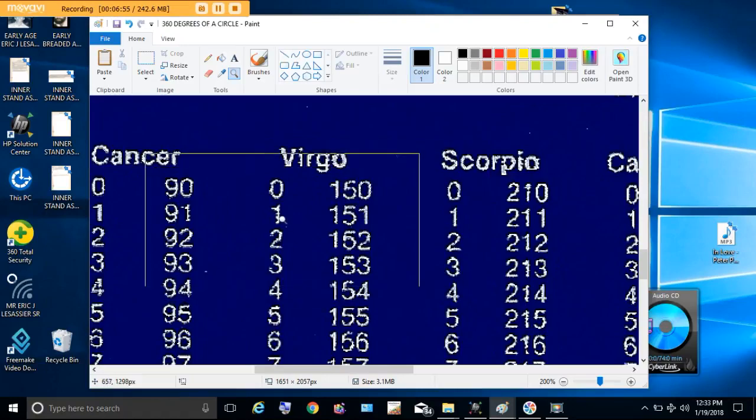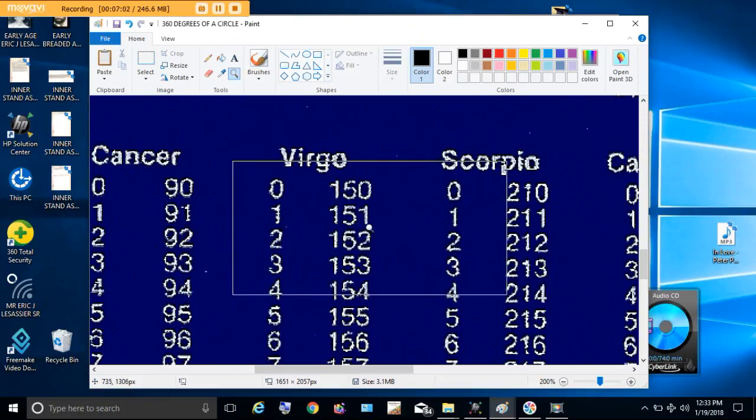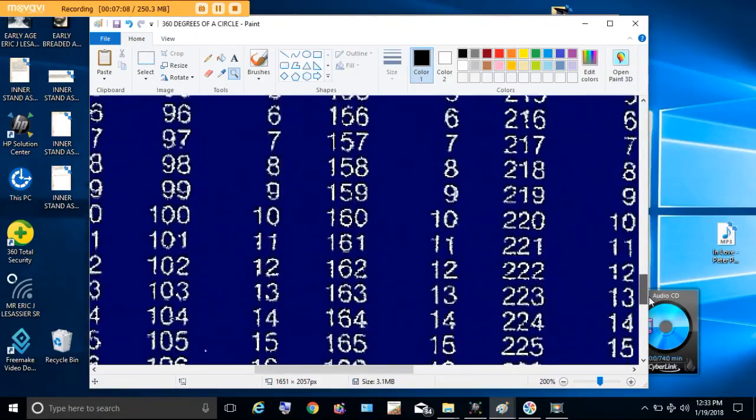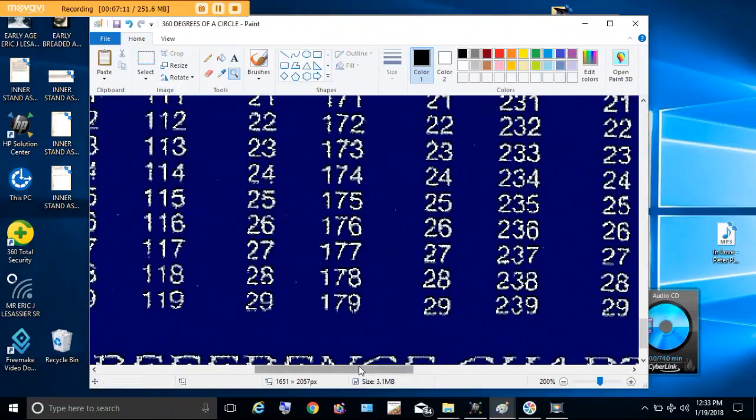The next day it'll be 1 degree because the sun moves 1 degree per day, and that value will be 151, etc. 2 is 152, and as we progress to the 29th degree, as you know, there's only 29 degrees to a sign, or 30 degrees to a sign, because that indicates the month that the sun is transiting through that sign, that season.